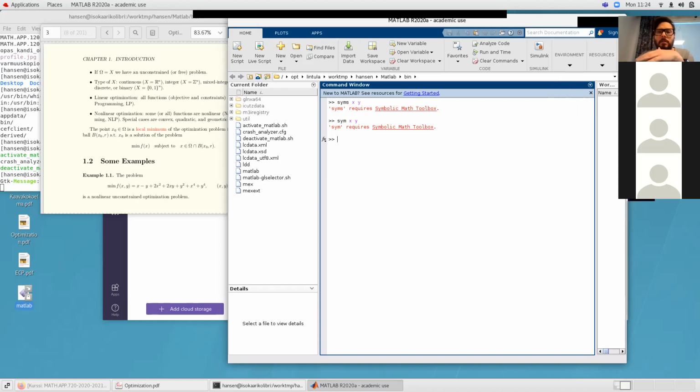So the student lab MATLAB has the symbolic math toolbox, but it seems that my laptop version doesn't have it, which is too bad. So I can't demonstrate it to you with this computer. I'll have to do this from my office.